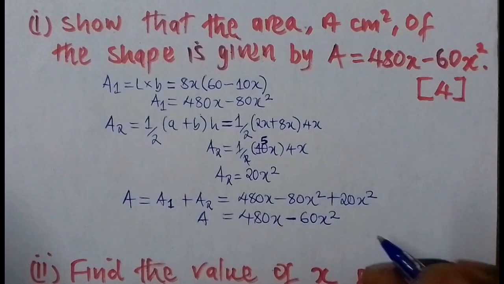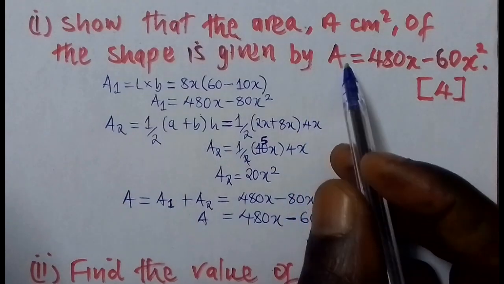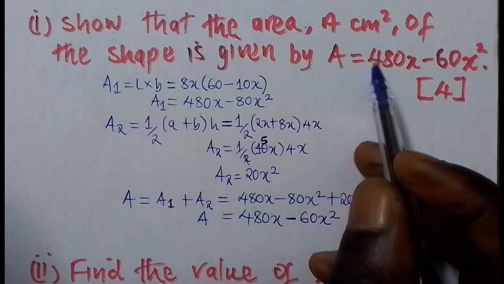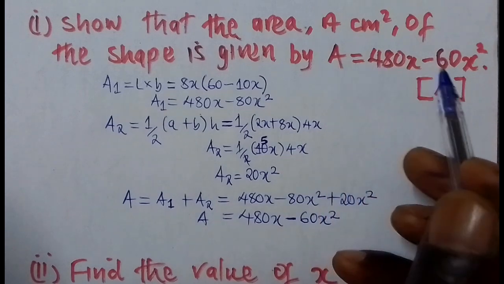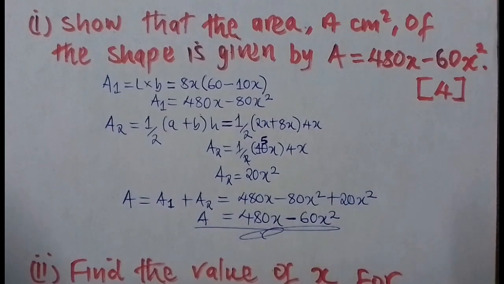And this is the area that we want to show for the shape above. So area is equal to 480x minus 60x square. So this is our solution, hence shown.